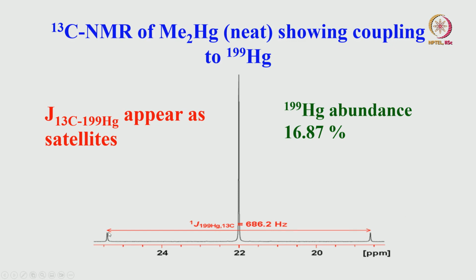Measure the separation between these 2 satellites, and you get the 1 bond carbon-mercury coupling, which is fairly large, of the order of 686 Hz. I told you in some cases of some heteronuclei, the coupling can be of the order of several hundreds, even 1000 Hz, several thousand Hz. So this is a large coupling between carbon and mercury 199.